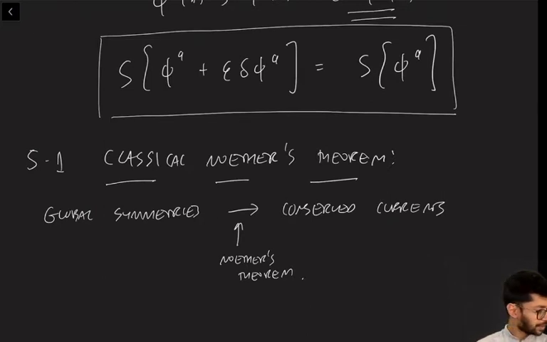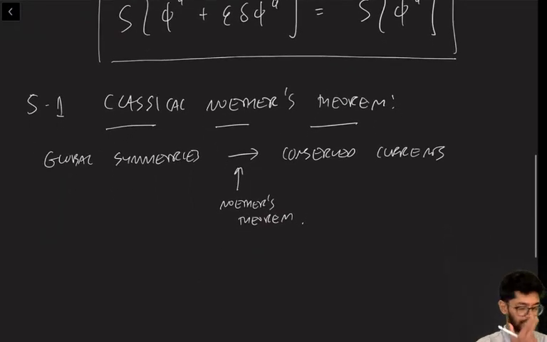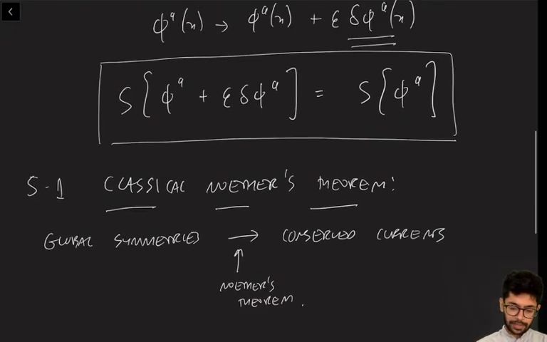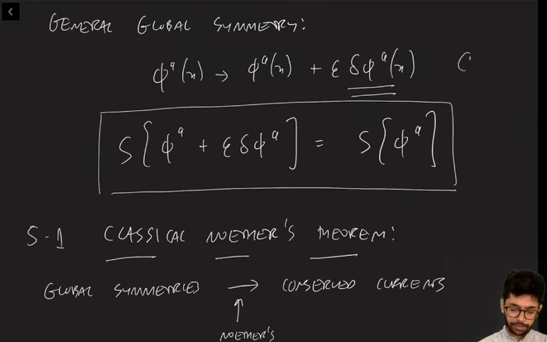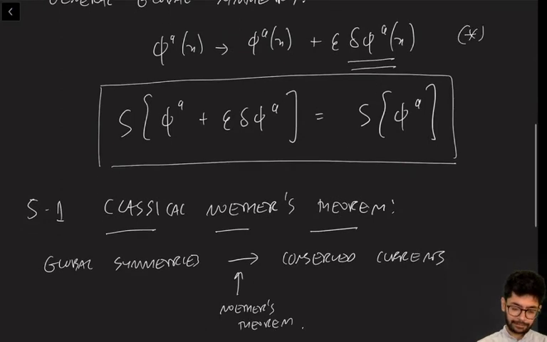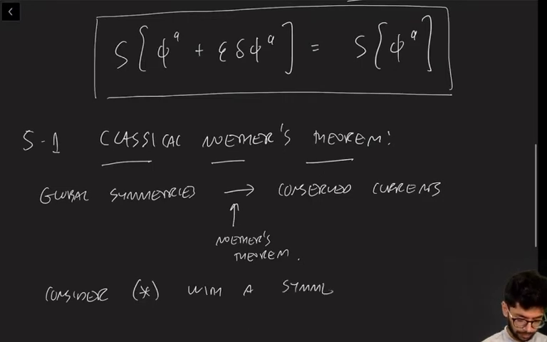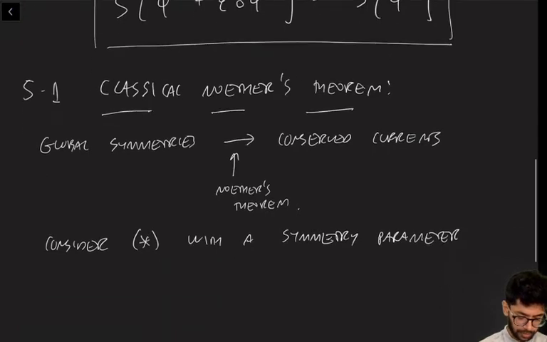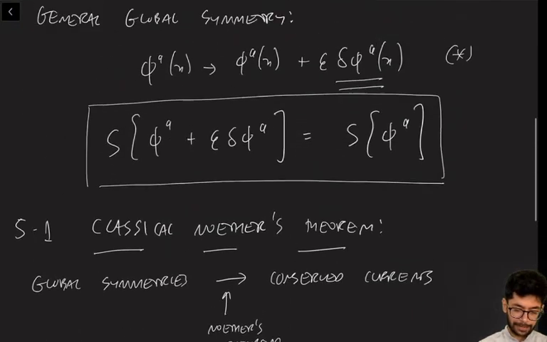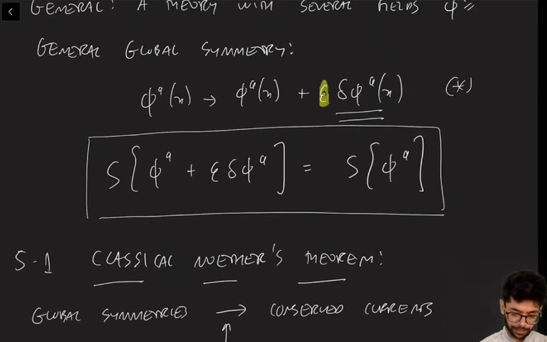So first, let me consider the following thing. Let me consider this variation, which I'll call star from now on. I want to consider star with a symmetry parameter epsilon. Remember, epsilon was the symmetry parameter here.